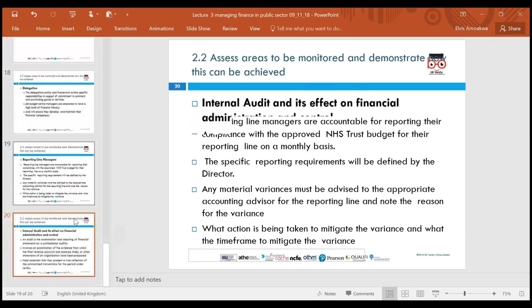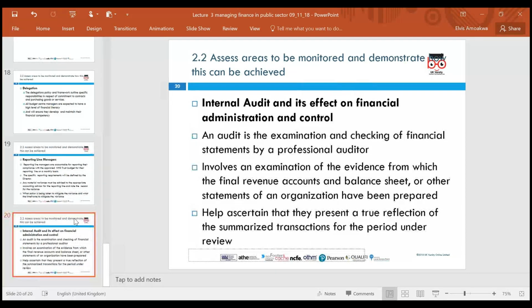Apart from reporting line managers, we look at internal audit. We can monitor and control through audit. So audit is also one of the powerful tools that we can use, right? An audit is simply an examination or checking of financial statements by a professional auditor. That involves an examination of the evidence from the revenue accounts and the balance sheet or other statements, which could be the cash flow or whatever.